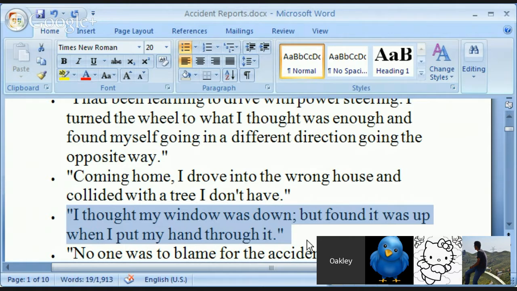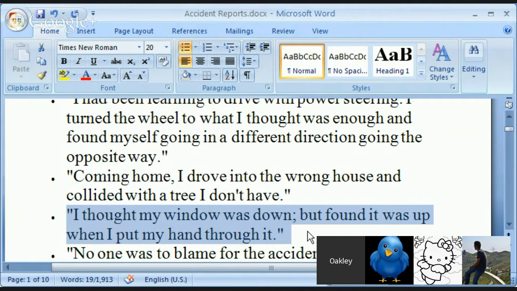Is that even possible? Maybe he simply hit his hand on his car glass. He thought the window was open, but actually it was closed.